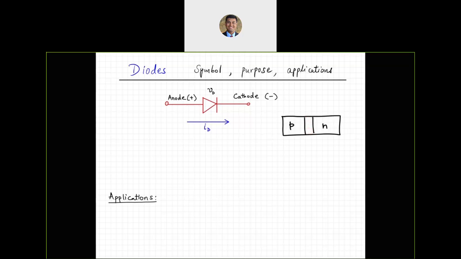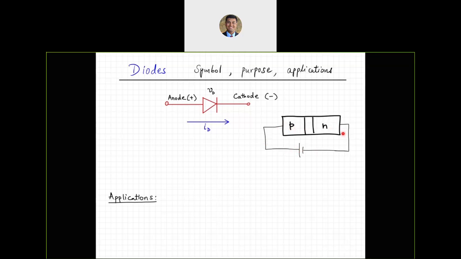So what is going to happen when we connect, for example, this particular diode to a voltage supply? In this case, I'm using a DC voltage supply just for the sake of discussion. The positive terminal, as you can see, is connected to the p-type material, and the negative terminal is connected to the n-type material. Of course, what is going to happen in this case is the positive charge is going to repel this positive charge, which makes it move closer to the depletion layer there.